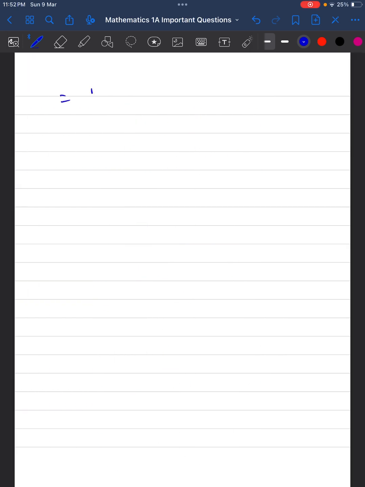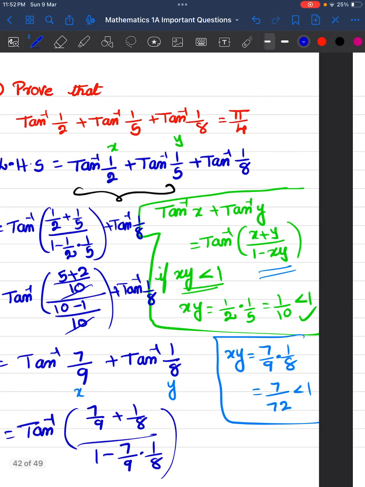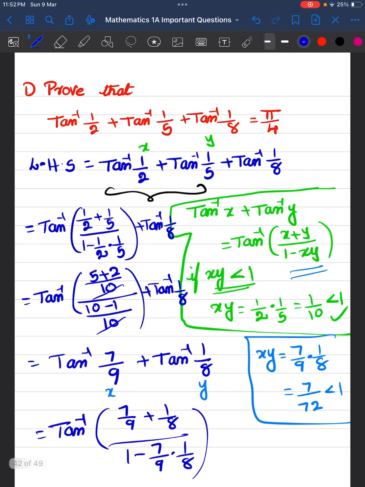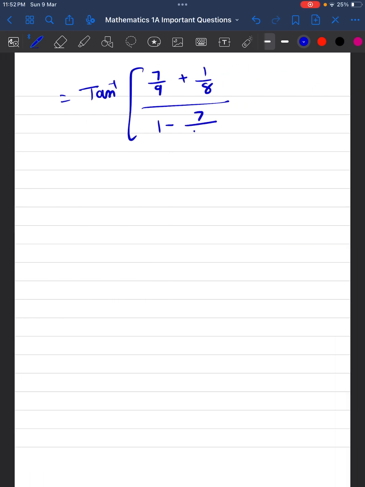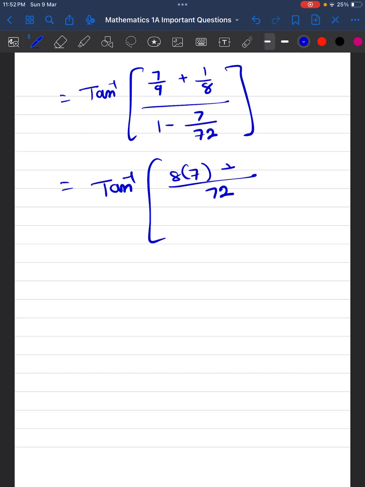So tan inverse of (7 by 9 plus 1 by 8) by (1 minus 7 by 9 into 1 by 8), which can be written with 9 eights are 72. So in the numerator also we can consider the LCM as 72. Here we'll get (8 into 7 plus 9) by 72.